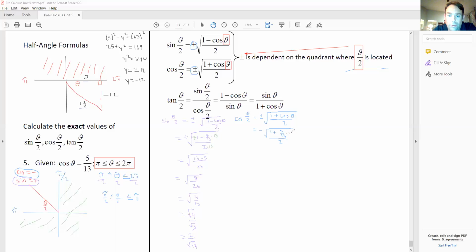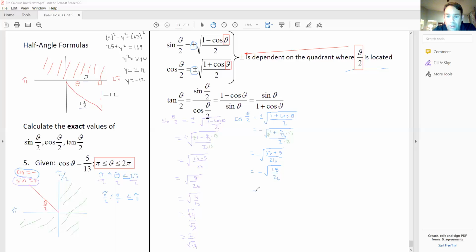So multiply by 13, multiply by 13, and multiply by 13. So we're going to have a negative square root of 13 plus 5 all over 26. So 18 over 26.